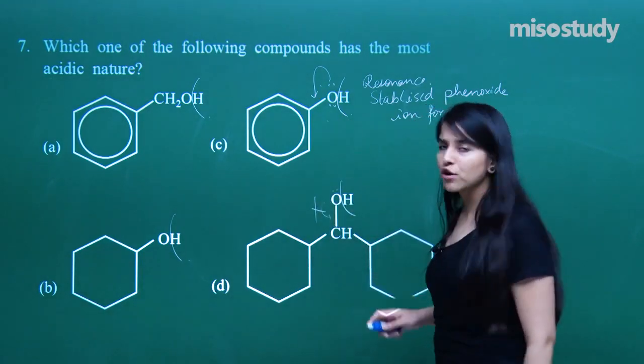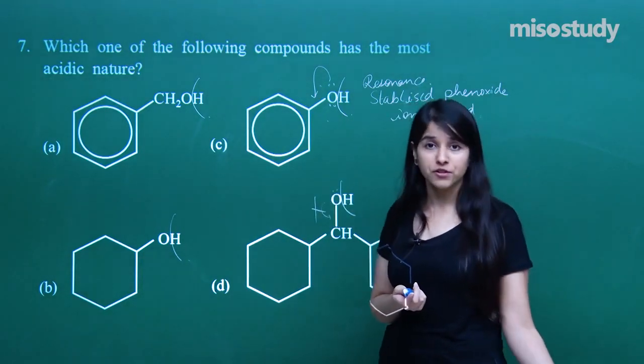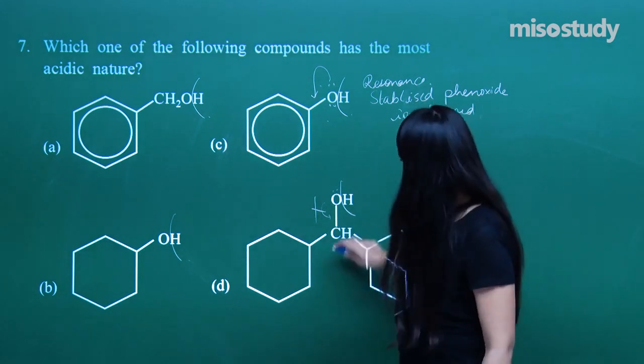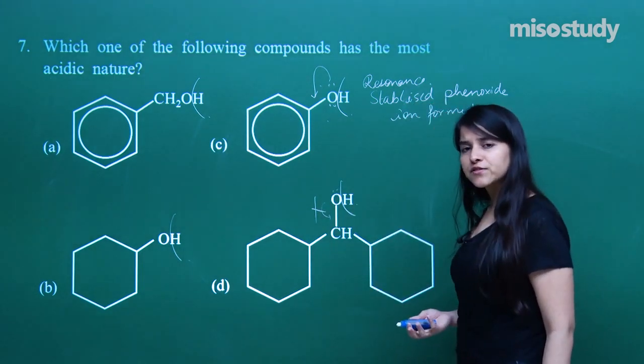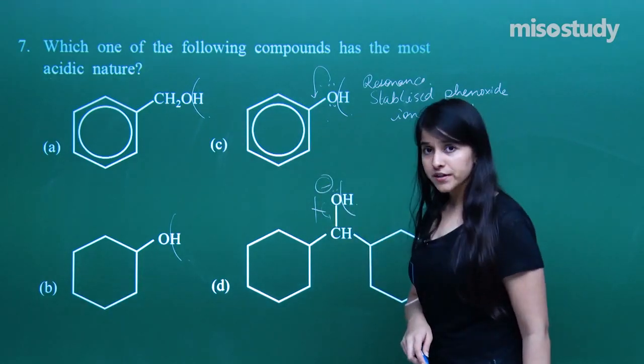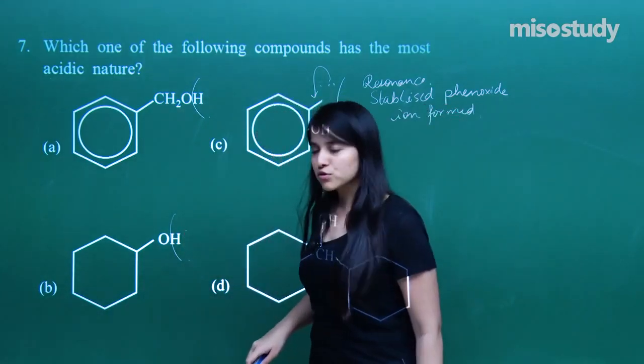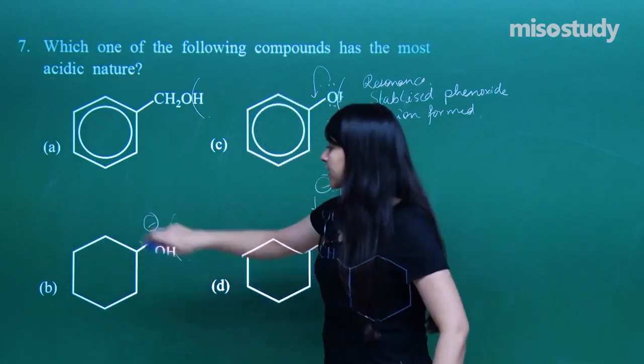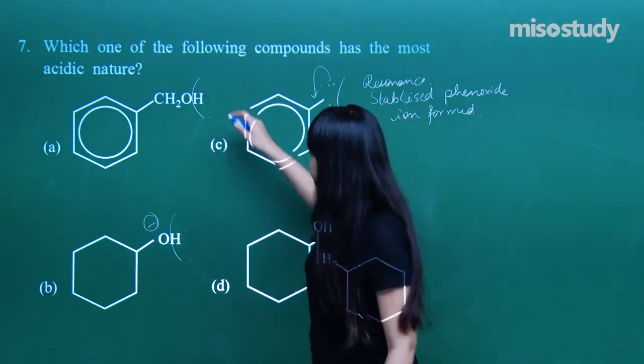So here we have got a resonance stabilized anion, that is the phenoxide ion, and here we do not get any kind of such resonance stabilization if I develop a negative charge over here. And if this H plus goes off, again this negative charge cannot be dispersed.